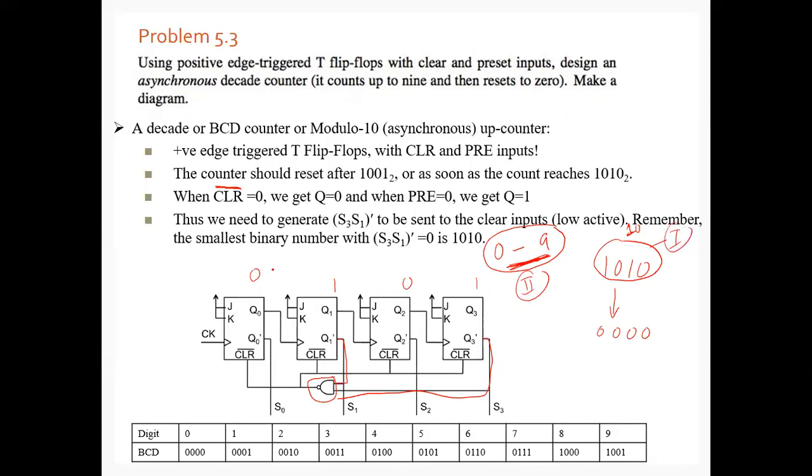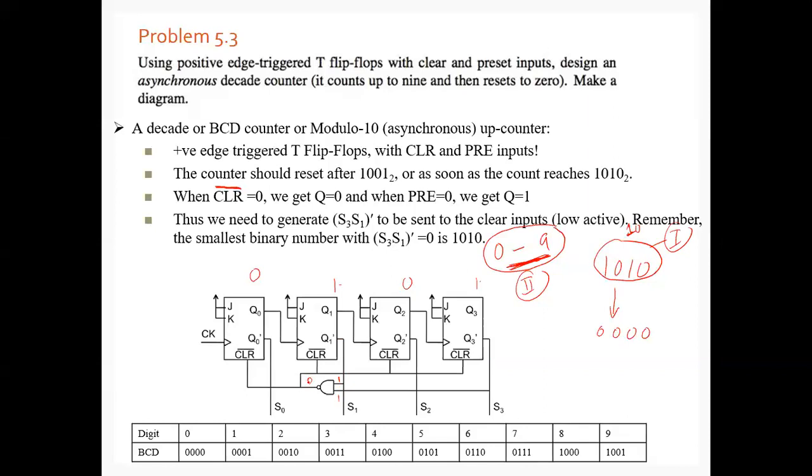When it becomes 10, meaning 1, 0, 1, 0, what I did here is I connected this one to the NAND gate and this one to the NAND gate. What is the input to the NAND gate? 1, 1. What is the output? 0.